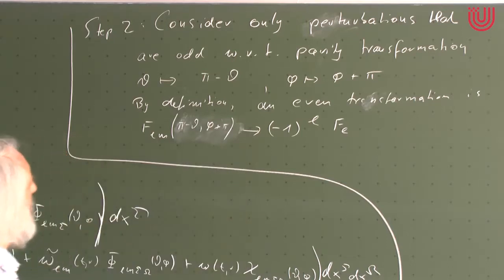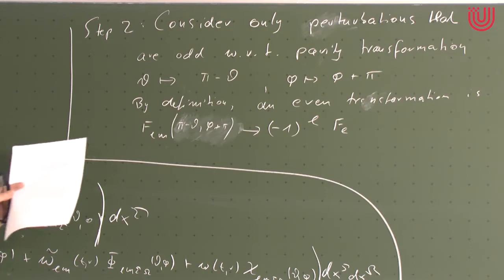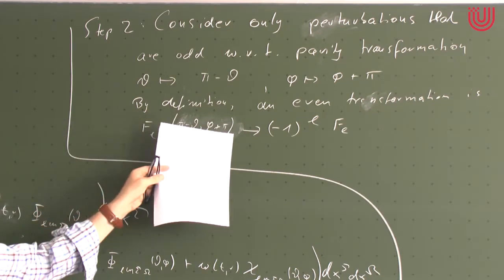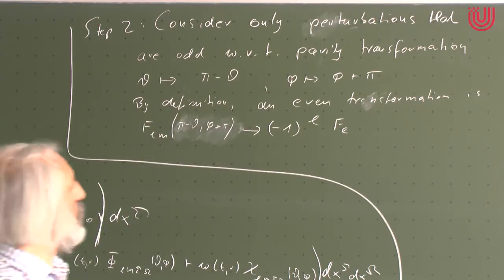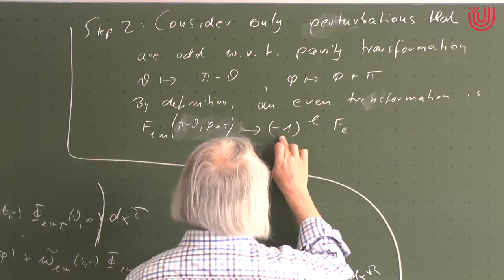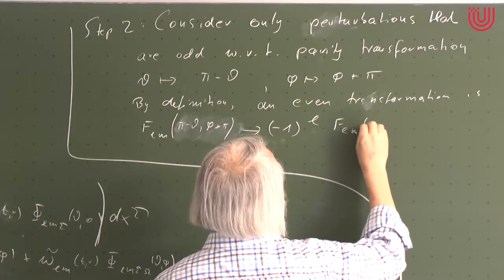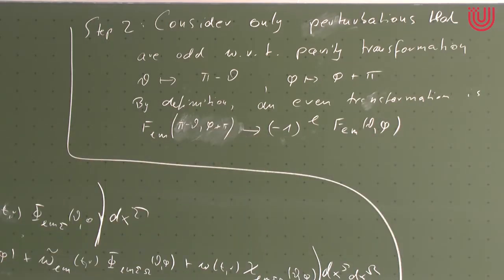Yeah? So I have a function F_LM, which depends on theta and phi. So I ask, how does this function behave at the transformed values, where I just invert the position vector. And if this comes with a factor (-1)^L times F_LM(theta, phi), then I call it an even transformation. Well, what's the idea?